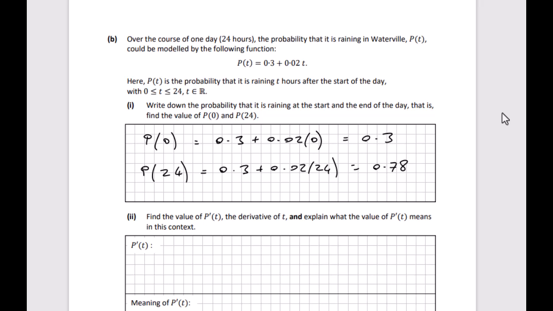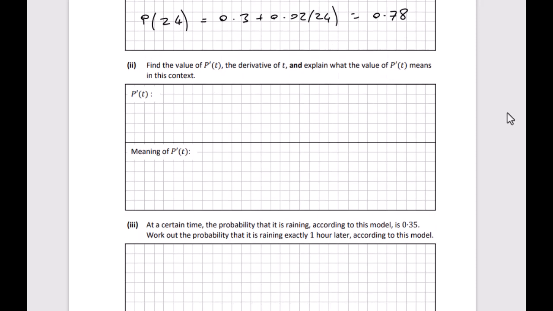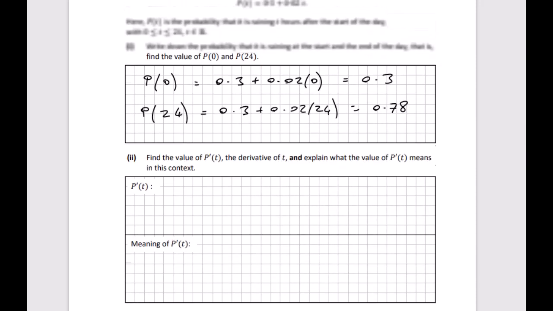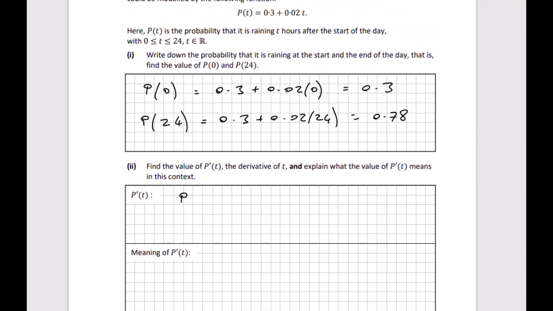So part 2 then just says find the value of P prime t, the derivative of P of t, and explain what the value of P prime t means in this context. So our function is P of t is equal to 0.3 plus 0.02t. We want P prime t, the derivative of this function here.